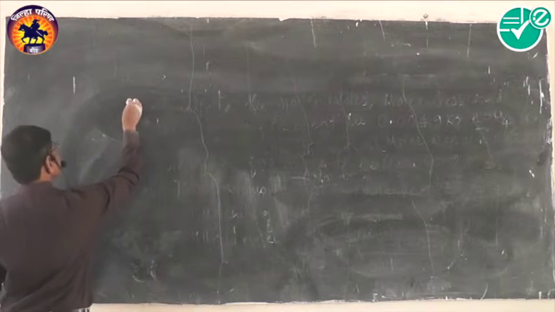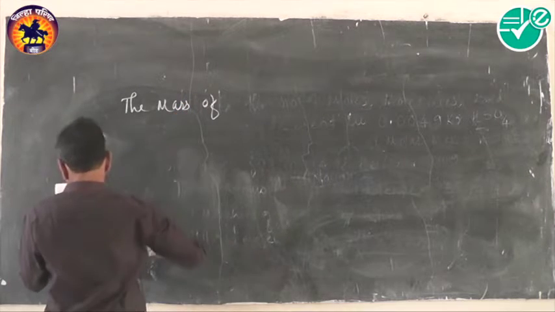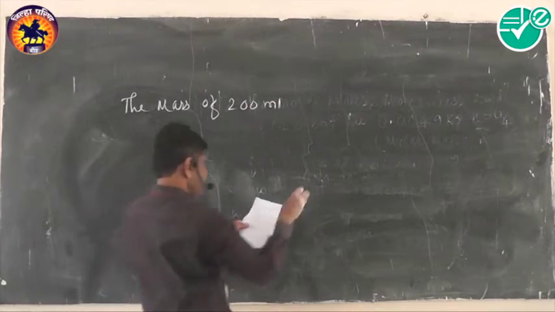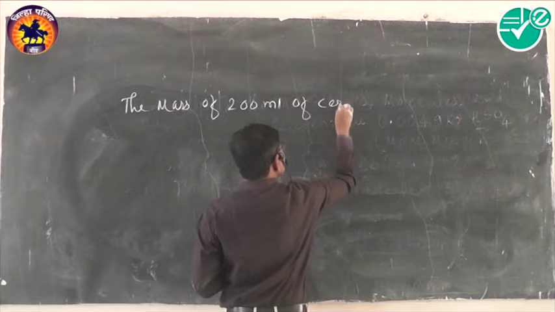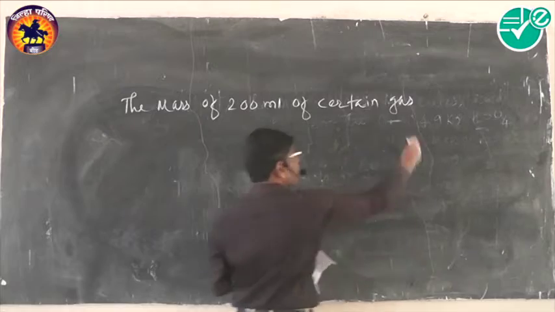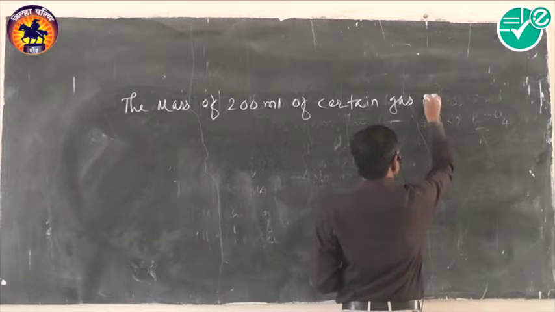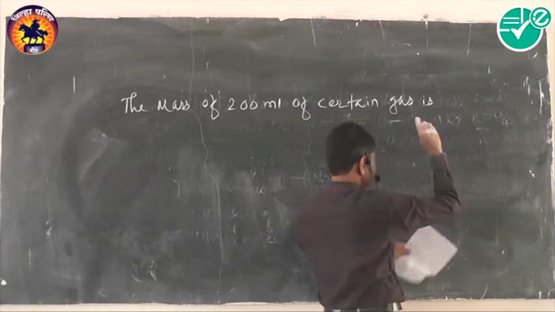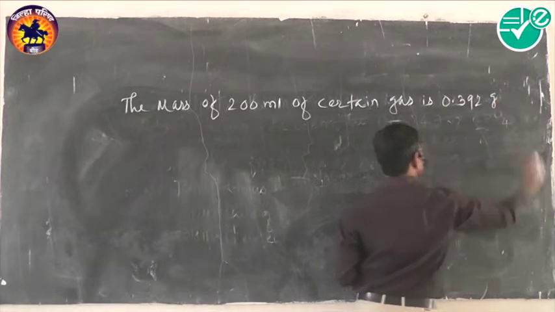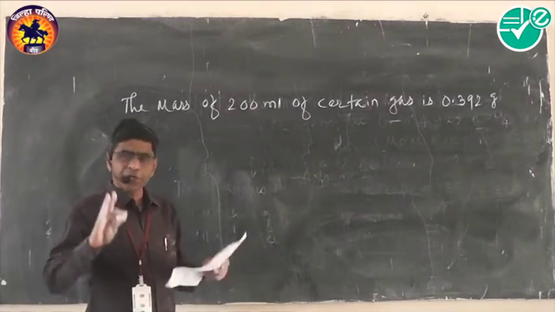Next, the mass of 200 ml of a certain gas is 0.392 gram. Mass of 200 ml of a certain gas is 0.392 gram.